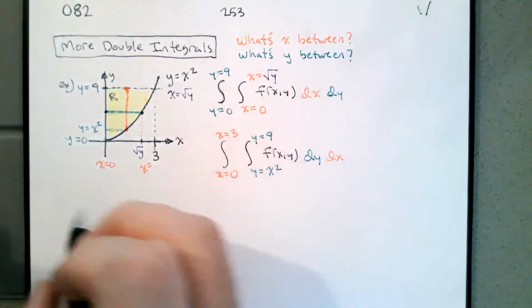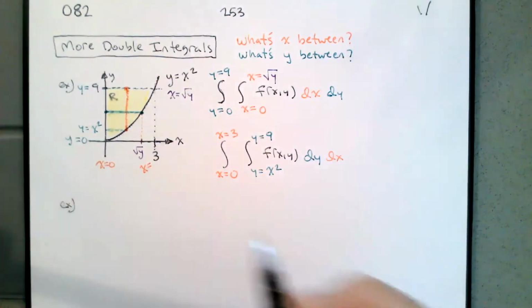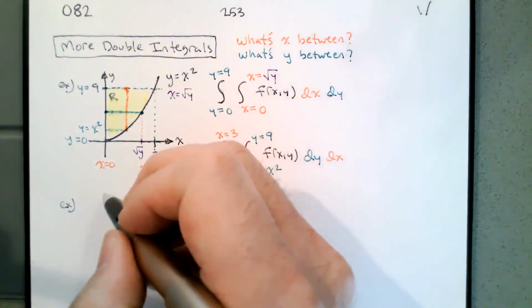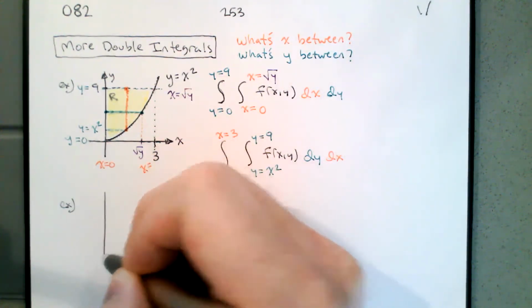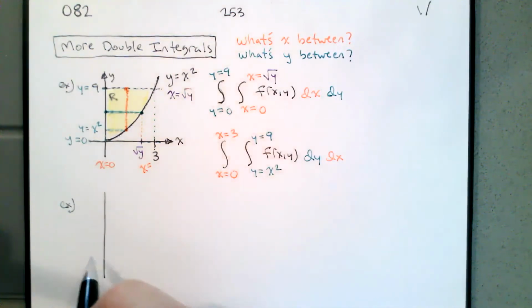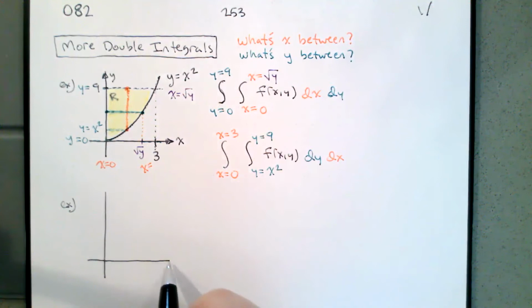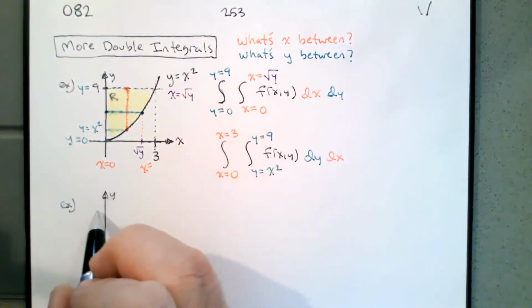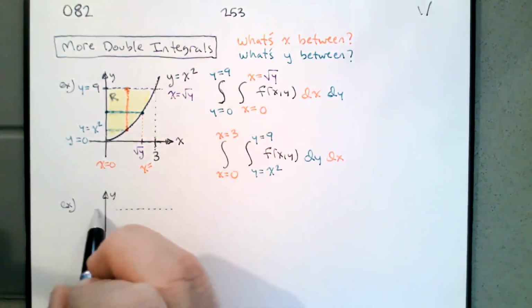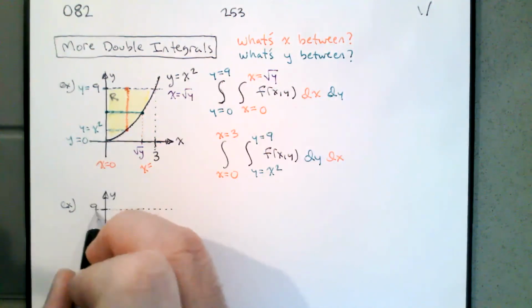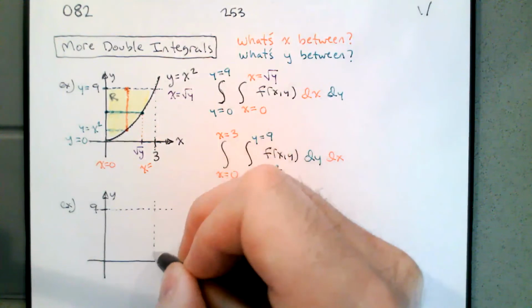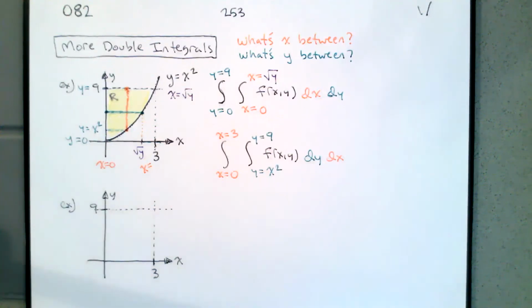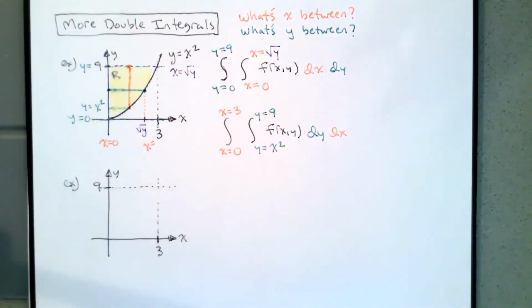So let's cut this down a little bit more and see what happens. So I'm going to keep the y equals x squared.